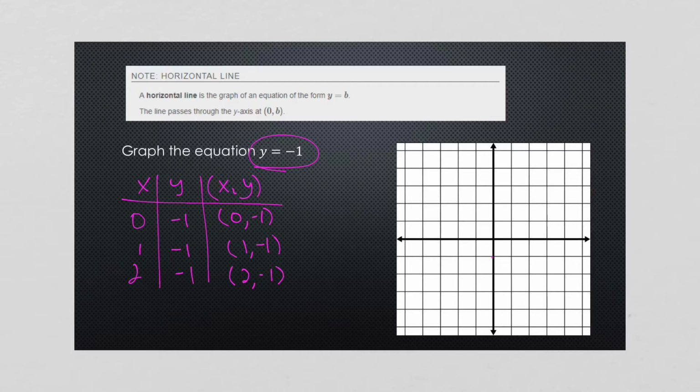So 0, negative 1 is right here. 1, negative 1 is right here. 2, negative 1 is right here. Notice that this line only crosses the y-axis. It's not allowed to cross the x-axis if it doesn't have an x in the equation. So this one crosses the y-axis only at negative 1, and it is a horizontal line.